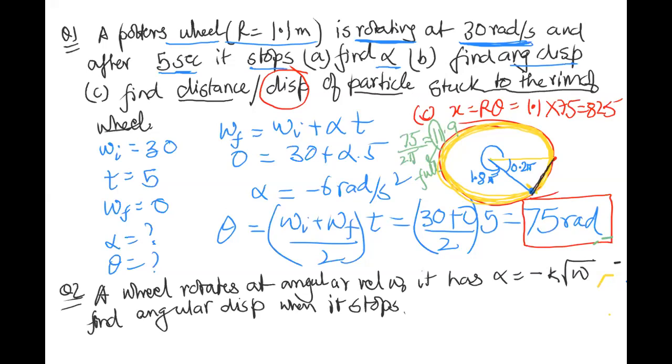It is simply an isosceles triangle having 1.1 as two sides and 0.2 pi as the angle, and I'm asking you for the third side. What is the third side of an isosceles triangle with angle theta? Remember I told you that you should remember this, because I will use it again and again in vectors.